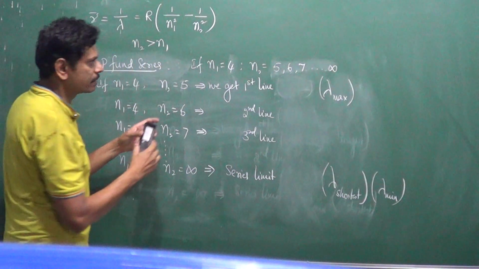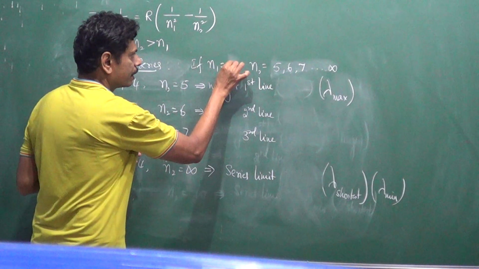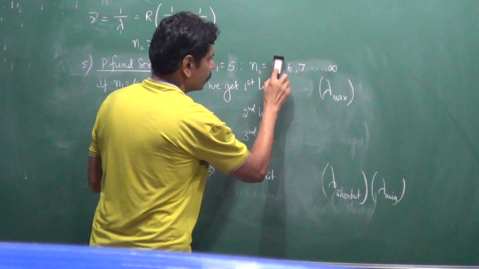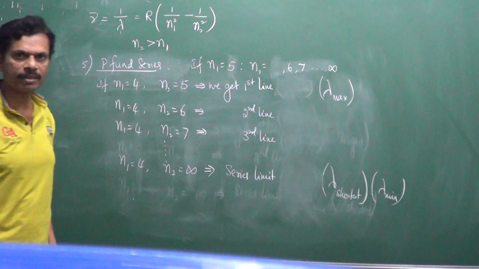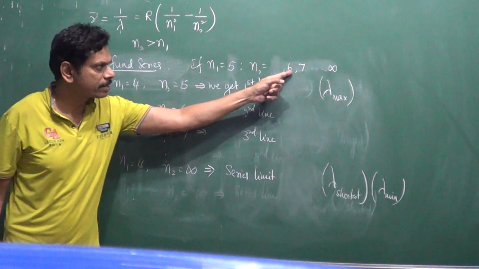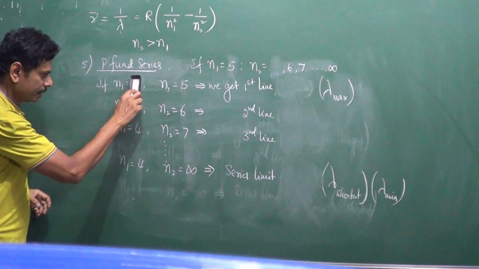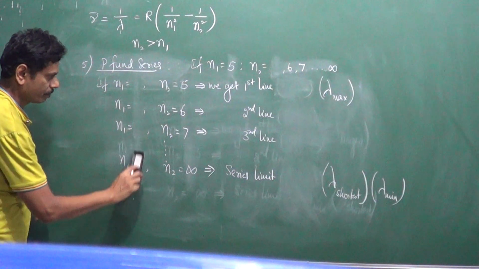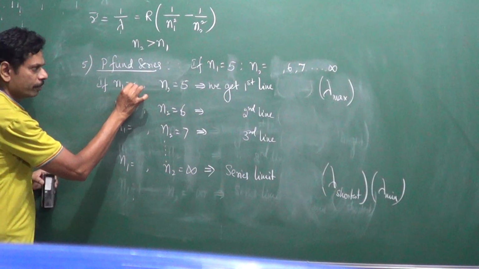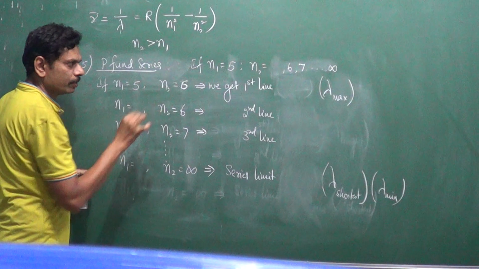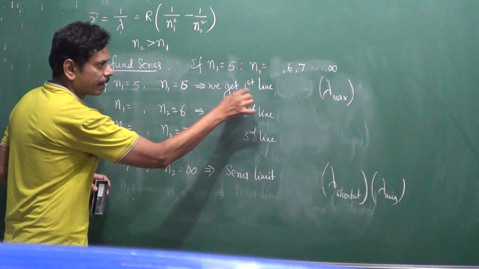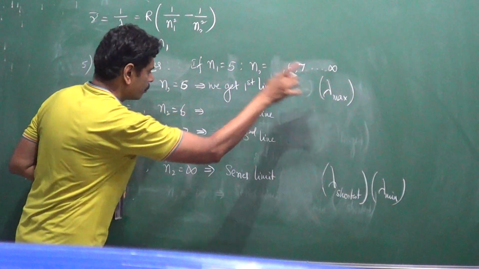For the Pfund series, N1 is equal to 5 and N2 is equal to 6, 7, 8, etc. Here it is changing. N1 is equal to 5, N2 is equal to 6, we get the first line, maximum wavelength.